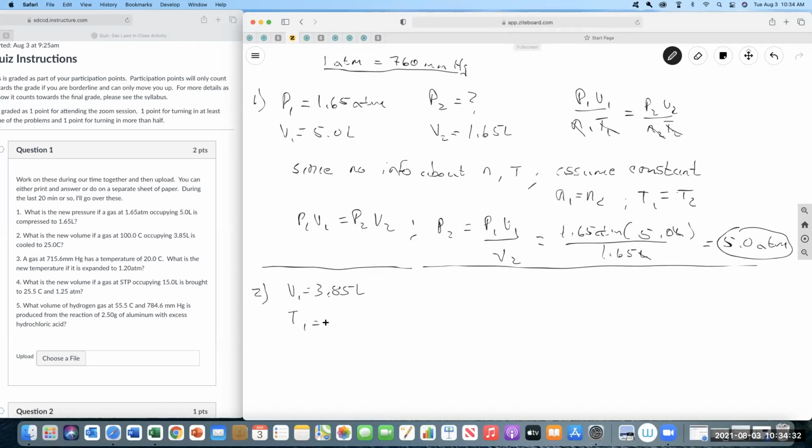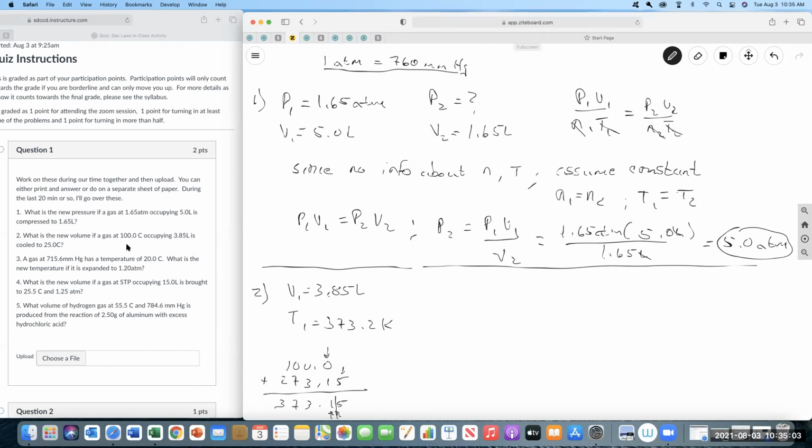T1 is 373.2 K. Just to show you how I got that, to remind you, 100.0 plus 273.15. Remember, Kelvin, to convert, you add. Remember, when you add and subtract, it's the decimal place. So 373.15, but that has 2 decimal places, so we've got to cut it off. So I round it to 1 decimal place.